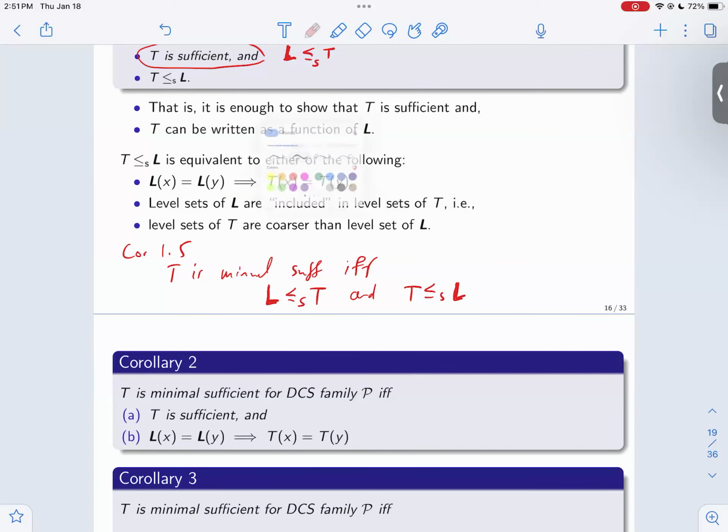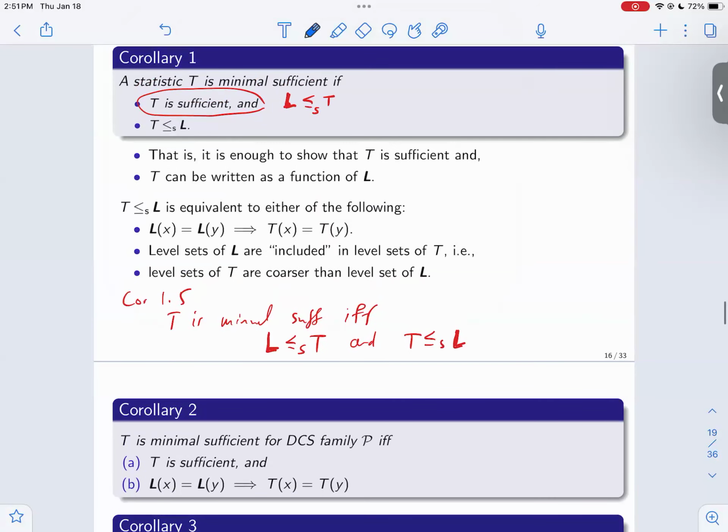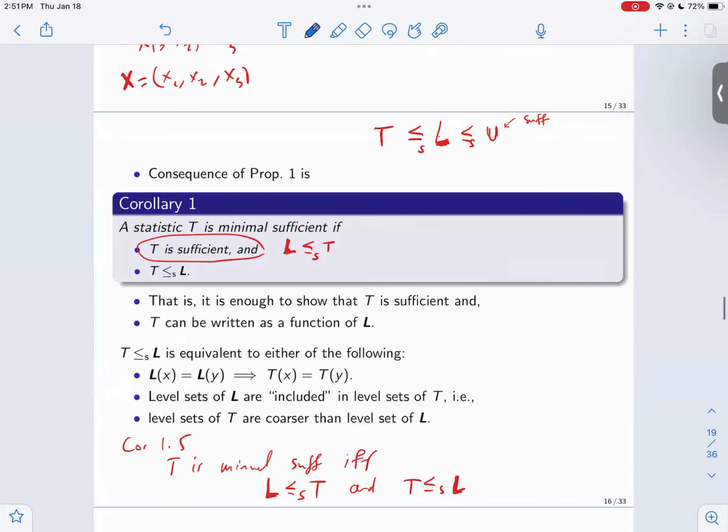Again, if you think about this, this is really a property of the definition of functions.